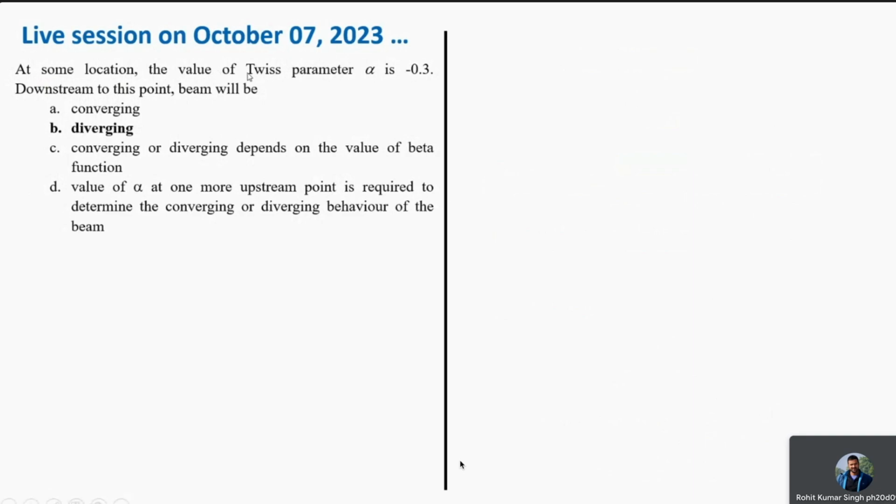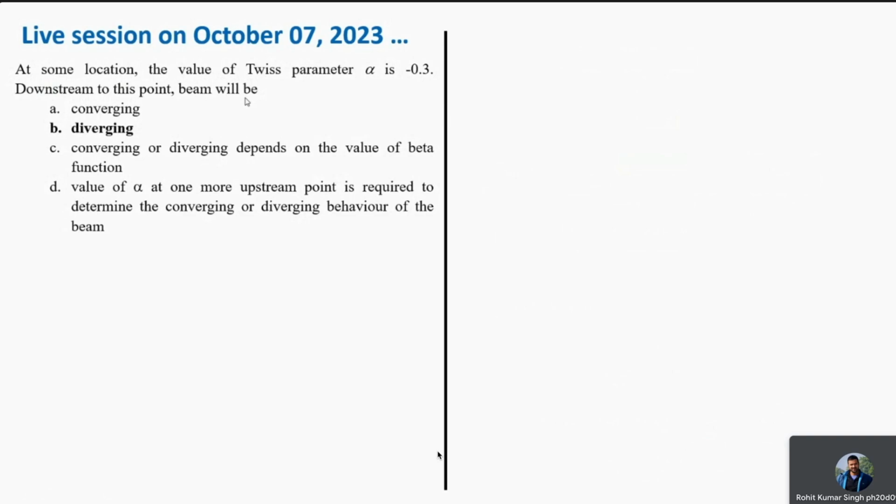At some location, the value of the parameter alpha is minus 0.3. Downstream of this point the beam will be? Alpha is basically minus half d beta by ds, so d beta by ds will be positive. That means beta is increasing with s.